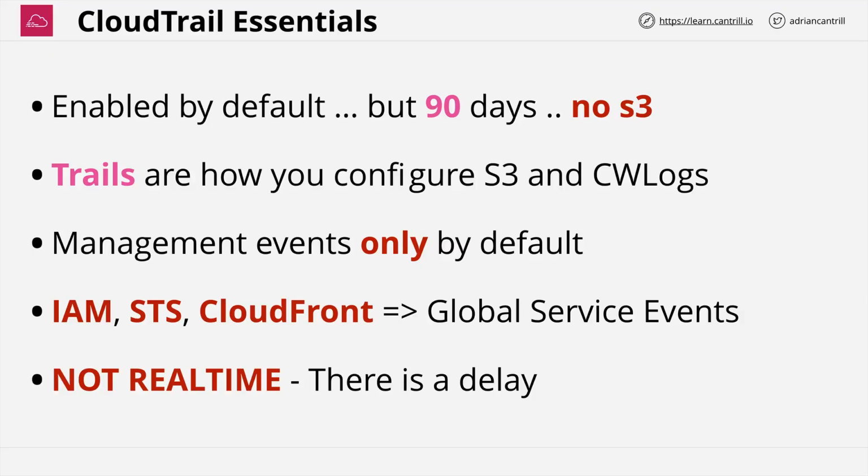You can't trust that logging into CloudTrail will give you a complete, exhaustive list of events that have happened up to the very point that you're looking. Sometimes it does take a few minutes for that data to arrive in S3 or for that data to arrive in CloudWatch Logs. So keep that in mind. If you face any exam questions which talk about real-time logging, CloudTrail is not the product.